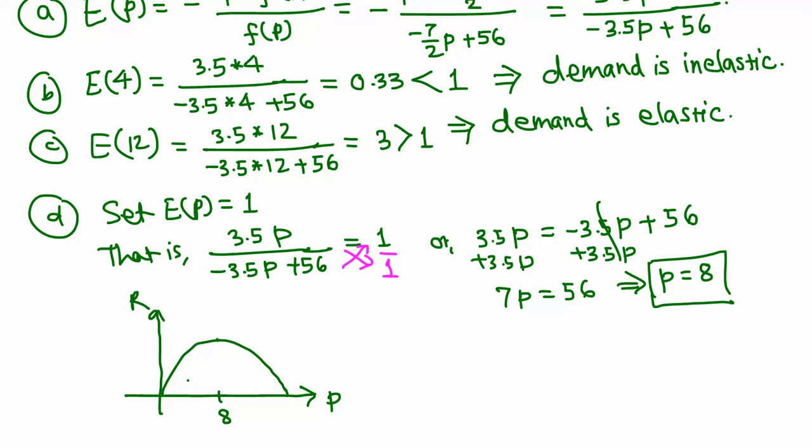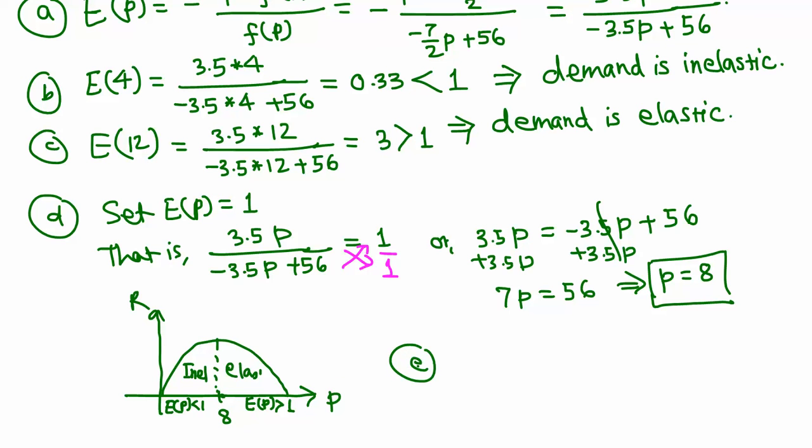The region left of this is inelastic, when the elasticity of demand is less than 1, when E(p) is less than 1. Here is elastic demand where E(p) is bigger than 1, and here E(p) is equal to 1.